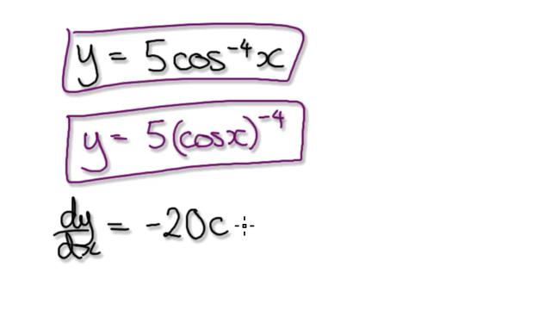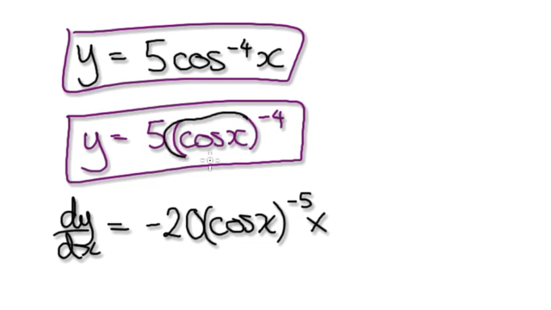The bubble stays intact, and then the power gets minus 1, so that would be -5. And then we've got to times it with the differential of the bubble. The bubble here is cos of x.